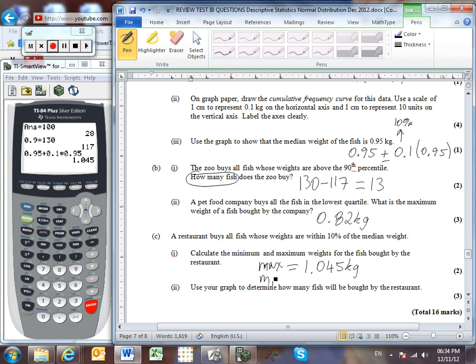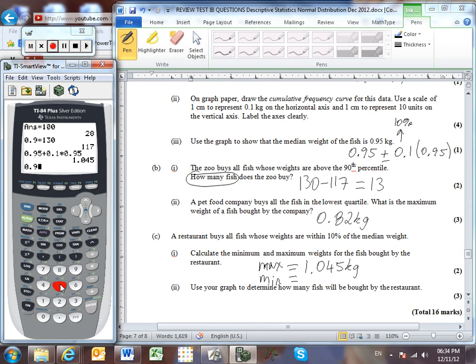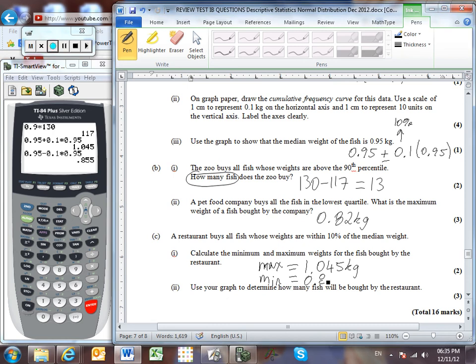And the minimum weight is going to be 0.95 minus 10% of that amount. So minus 10% or 0.1 of the 0.95. That gives us 0.855 kilograms. So that's the minimum weight.